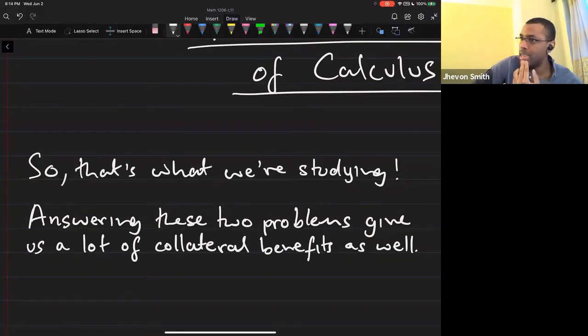So you might just set out to figure out how fast something is moving and how much space something takes up. But it turns out that being able to answer those questions, we now know how to answer questions about other stuff too, that is not directly related to that. So that's kind of cool that you can get that.